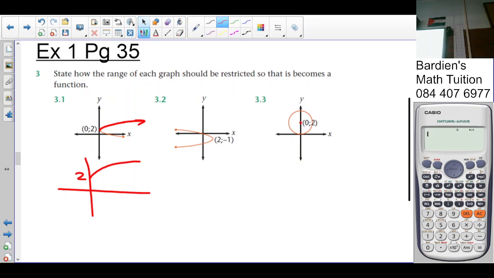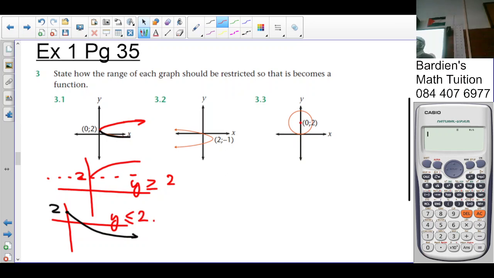Or if I had taken the bottom part of this graph, coming from 2 down, would that now be a function? Yes. So how can we restrict the range? In the first case, we say y must be greater than or equal to 2. In the other case, y has to be less than or equal to 2. So it's either or.